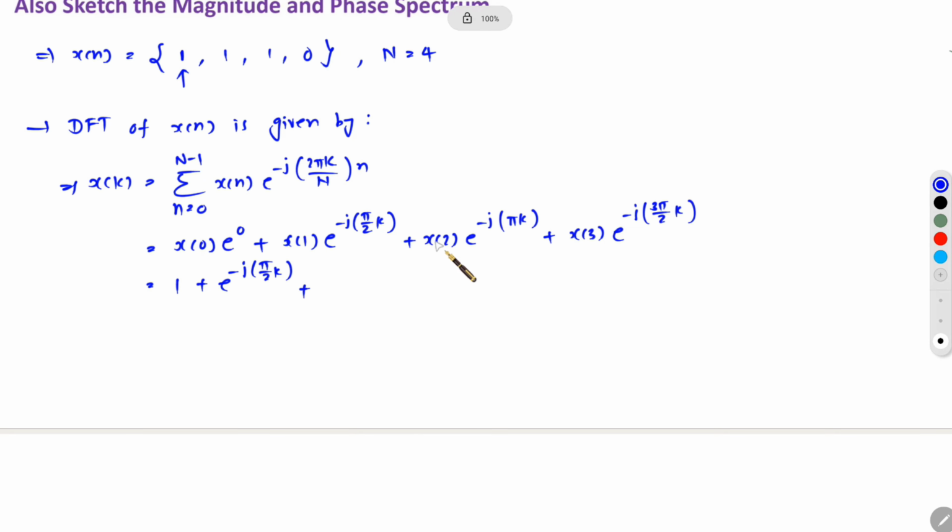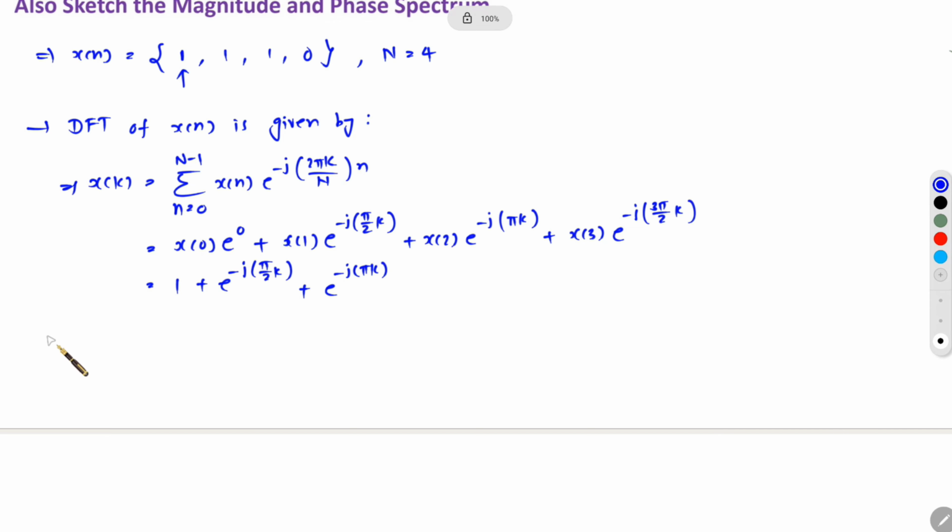Then x of 2 is also 1, and here you can observe we have e to the power minus j pi k, and x of 3 is 0, so I don't need to write it over here. Now I'll identify x of k for k equals 0, k equals 1, k equals 2 and k equals 3. That will be the 4-point DFT.